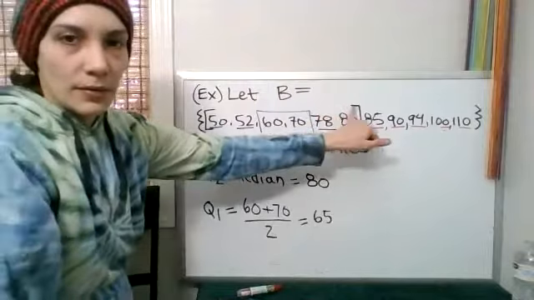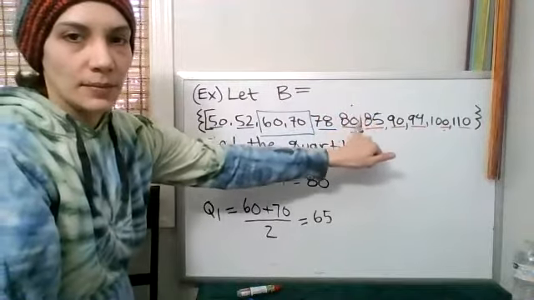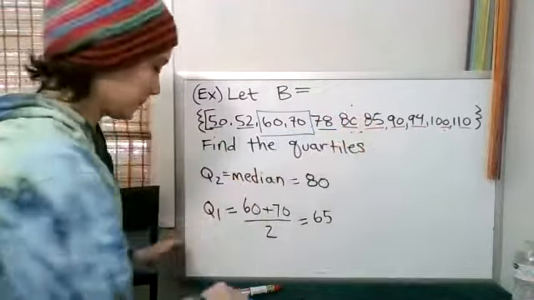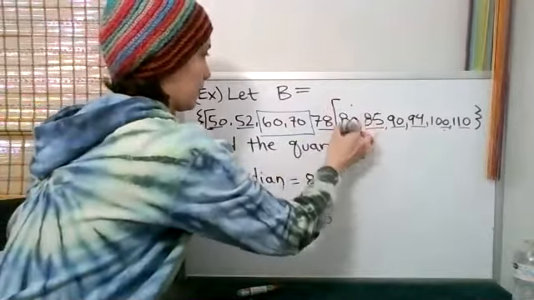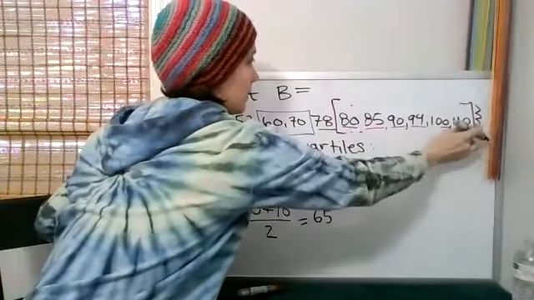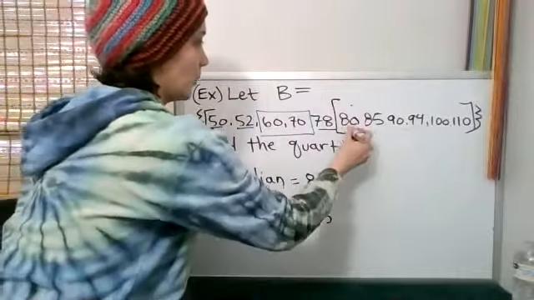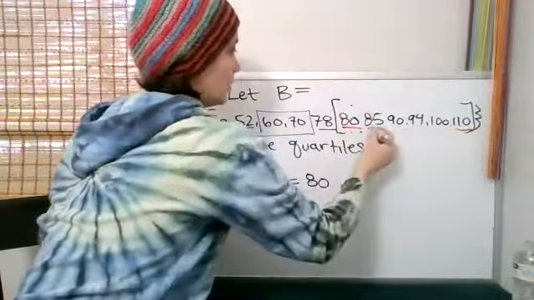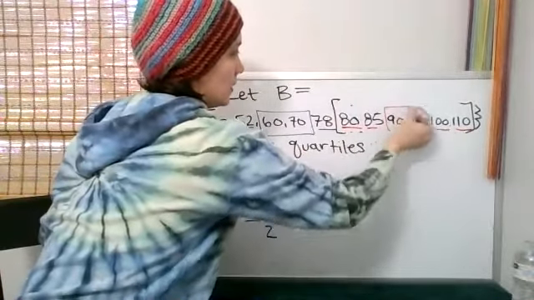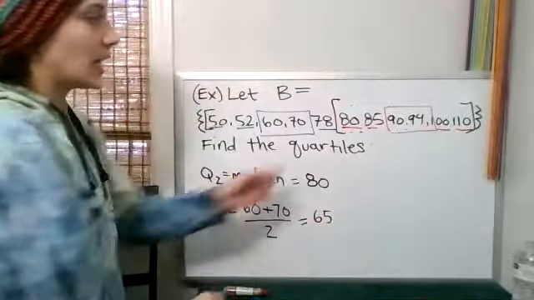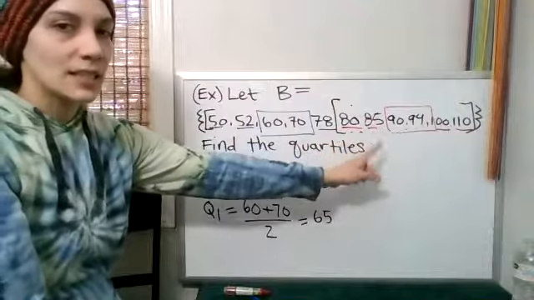Q3 will be found in the set that includes 80 and goes up to 110. So work from the edge to the middle, and we take the average of 90 and 94.